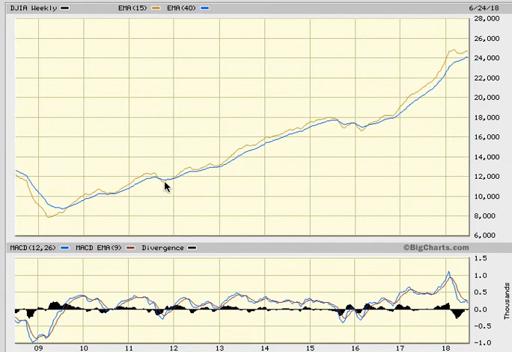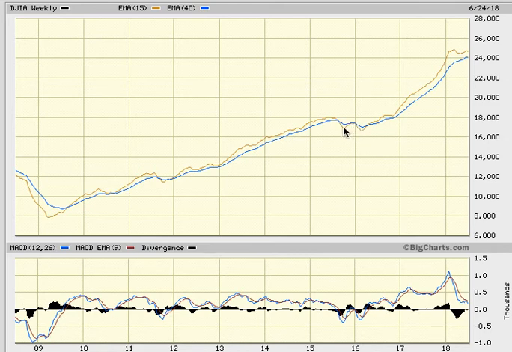Well, of course, it didn't last long, and we would have gotten back in the market, right? 15 above 40, 15 above 40, all through 2012, all through 2013, all through '14, and then in '15 once again, we had a shift. 15 went below the 40. Downtrend, downtrend, downtrend.